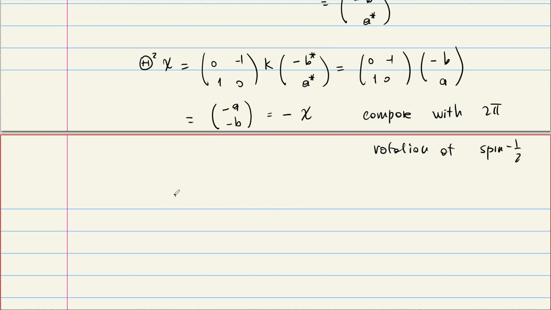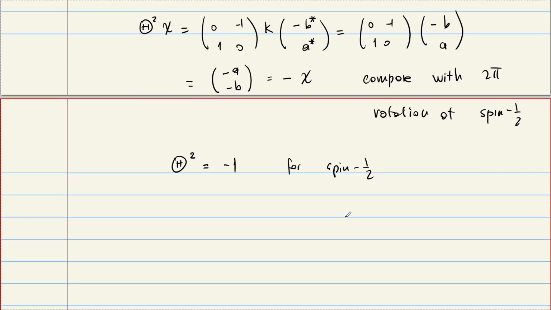So we are given this theta squared is equal to minus 1 for spin one-half. And suppose I have a time reversal spin one-half system. What does it mean? I have H and theta commuting, right?